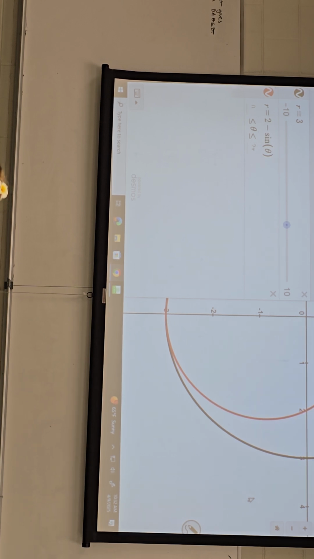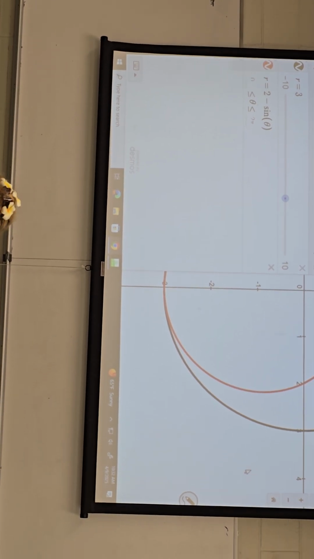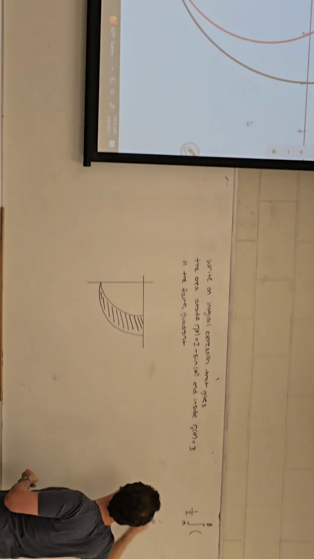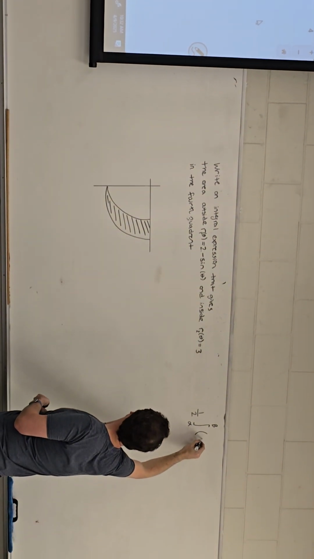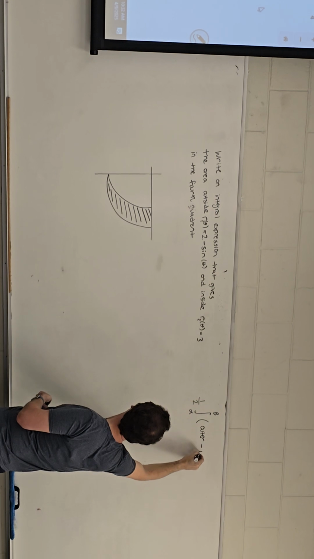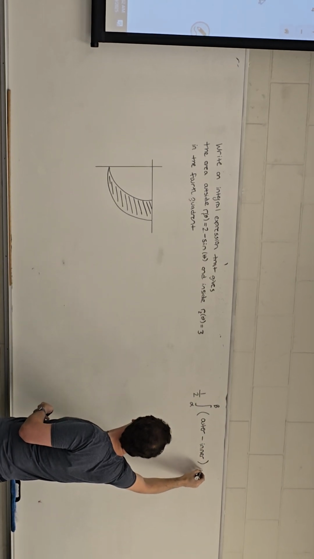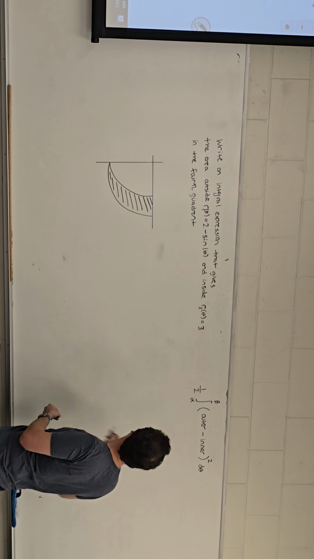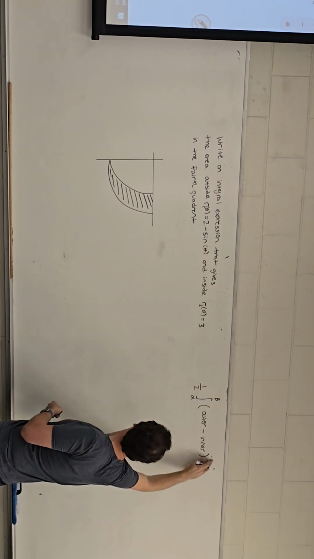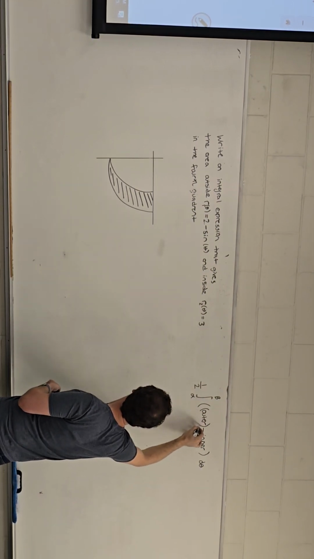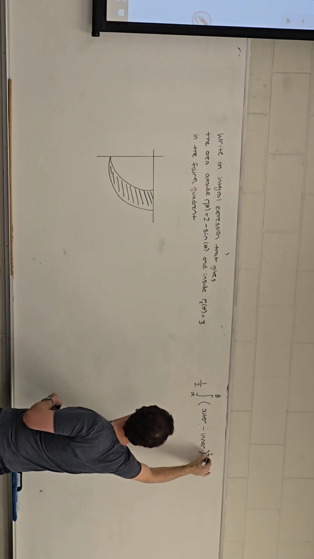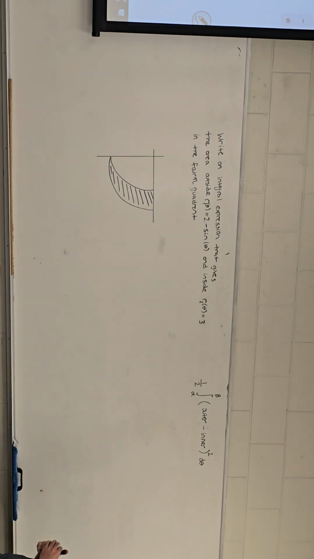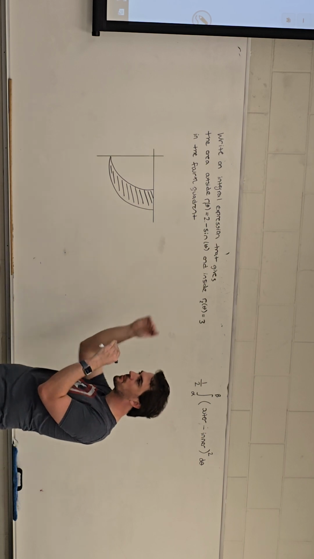So areas between curves, in Calc 2, we did top curve minus bottom curve. For polar, you're going to do outer minus inner. So you're not asking yourself anymore top curve, bottom curve.